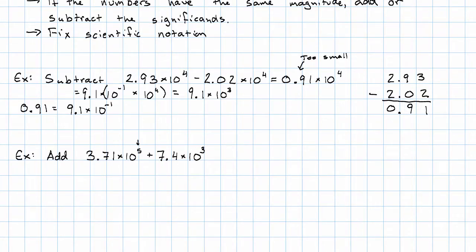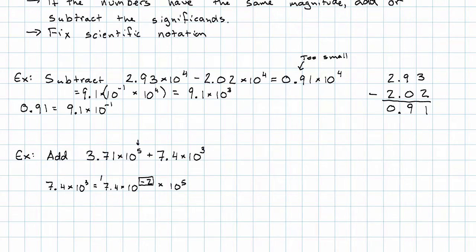So here, my greater magnitude is 10 to the 5th. So I'm going to rewrite my 7.4 times 10 to the 3rd as 7.4 times 10 to the something times 10 to the 5th. What power of 10 do I need to multiply by 10 to the 5th to get 10 to the 3rd? What plus 5 is 3? Well, negative 2 plus 5 is 3.